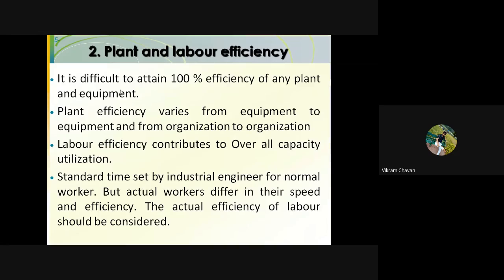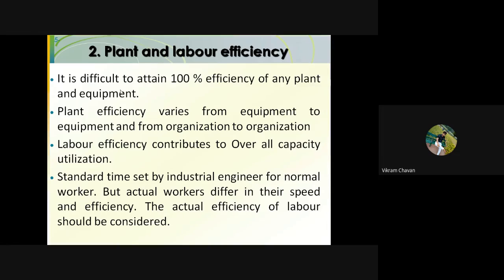There are a number of problems related to the machine, so machines which are identical or similar will not have the same efficiency. And if you consider two plants with the same capacity, the same machinery, and the same skilled workers in two different organizations, then also we will not get the same efficiency for both organizations.